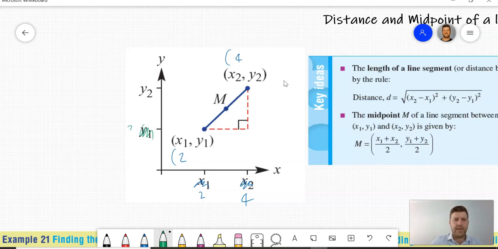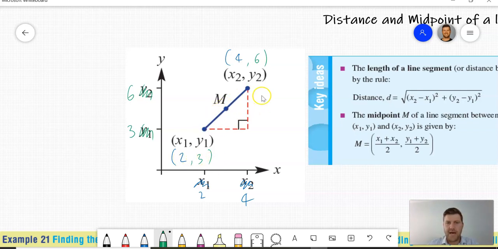So let's just say it's 3 and 6, meaning that this coordinate would have the y value of 3, giving it coordinates (2, 3), and that this set of coordinates would have a y value of 6, giving this point coordinates (4, 6).